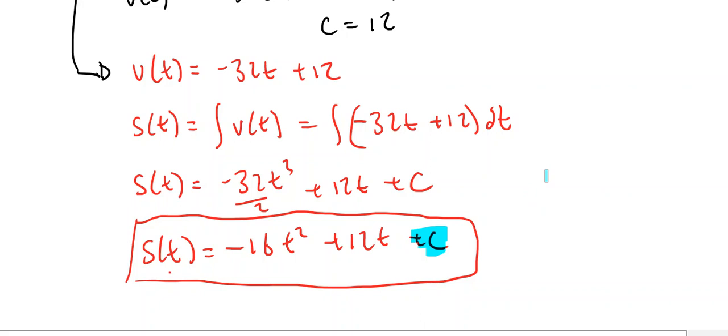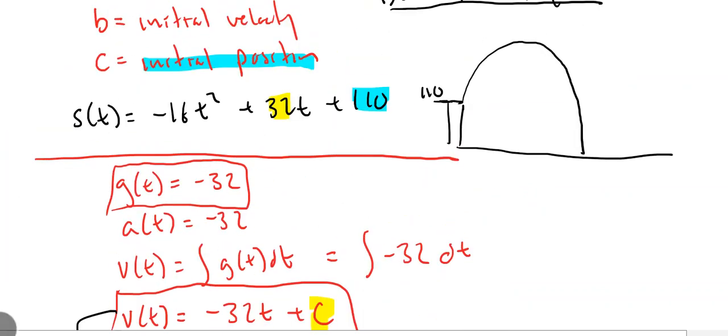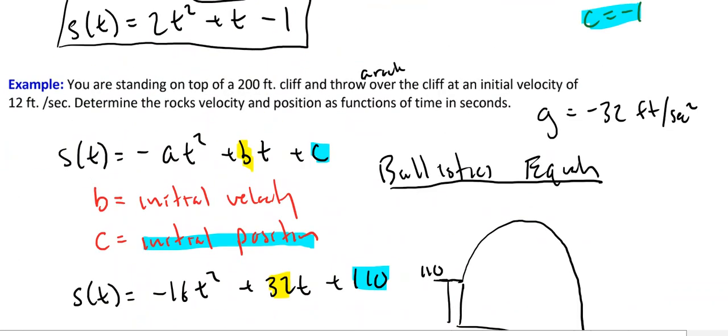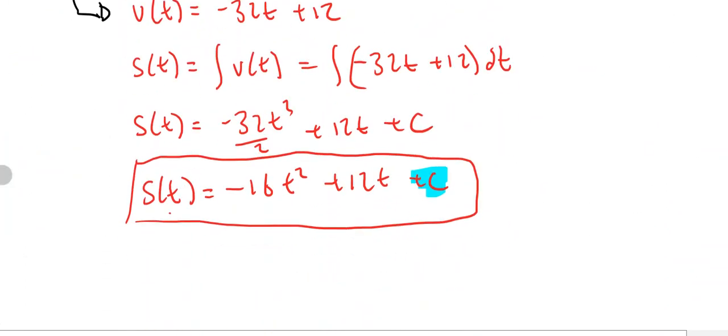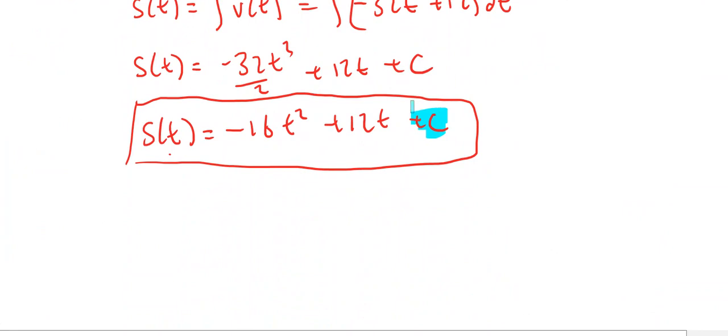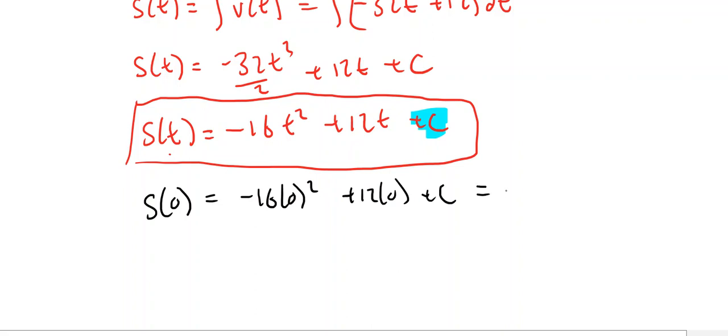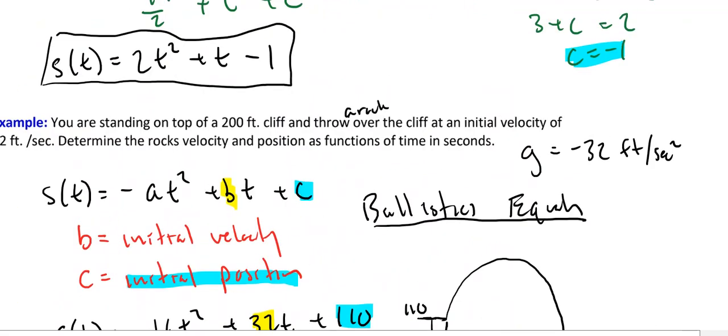So I go back to the problem itself once again, and it says you are standing on top of a 200-foot cliff. That's my initial position. The initial position is going to go in this spot right here. So at time 0, negative 16 times 0 squared plus 12 times 0 plus c, the position was 200 feet.